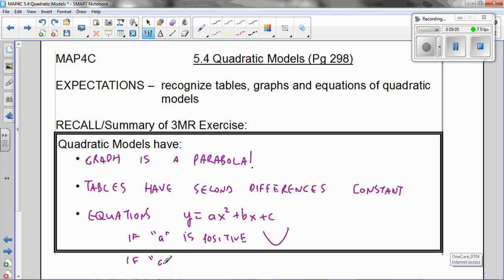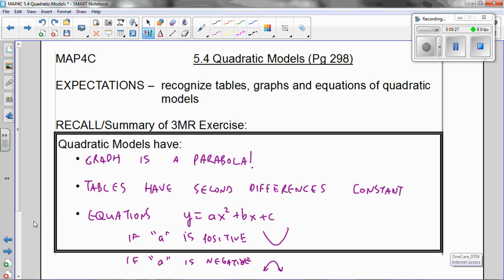If the a value is negative, it's a smile, or it's a frown rather. Negative. That kind of makes sense. Positive people are smiling all the time. Negative people are frowning all the time, like Mr. Rexall, always frowning. My a value must be negative, I guess.